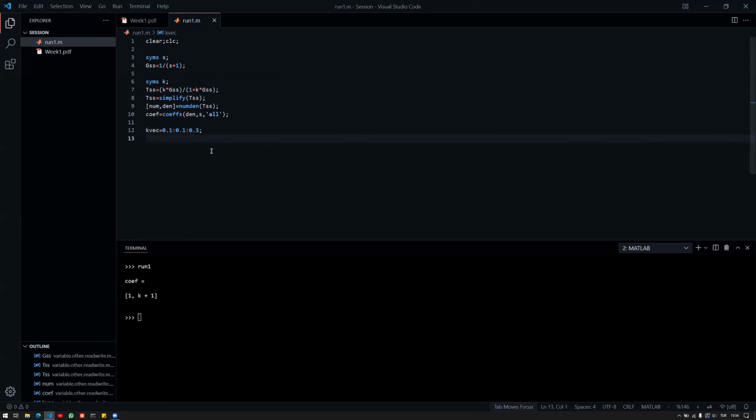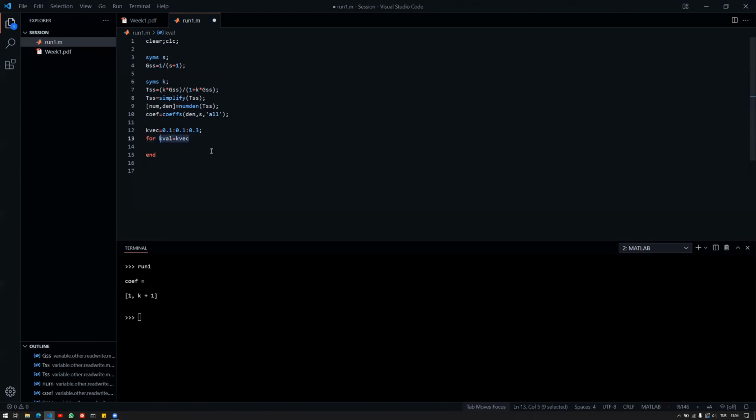Now I need to choose each element of this vector, plug it in, get a certain solution, and plot it on a figure. So you can always use this approach here, or rather this one here. So this is basically a for each loop here instead of a for loop.